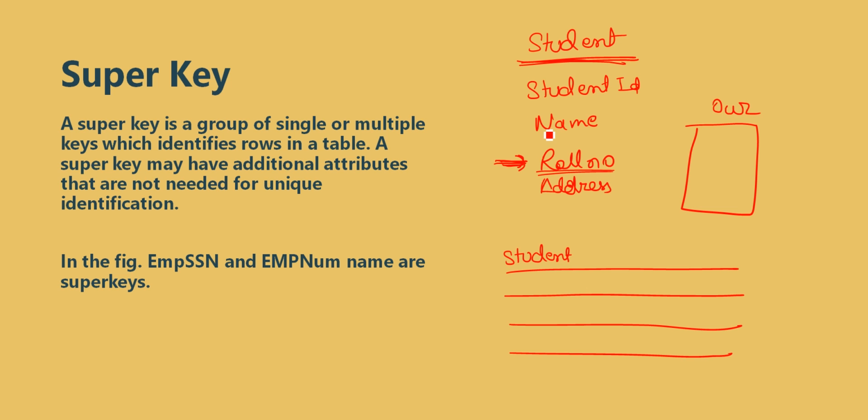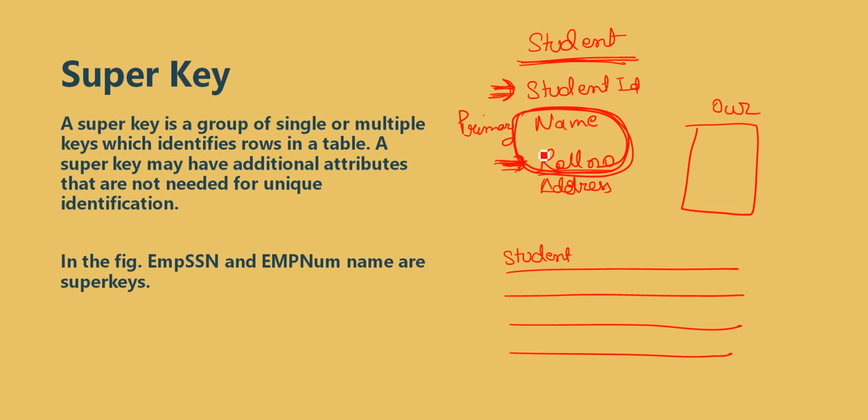So as we can see here, in a single table we have two options to select as a primary key, and it totally depends on us which column we create as a primary key. Let's say someone chooses roll number as a primary key, someone else chooses student ID. As a programmer it depends on us which column we select. Also I can choose roll number and name as a primary key.